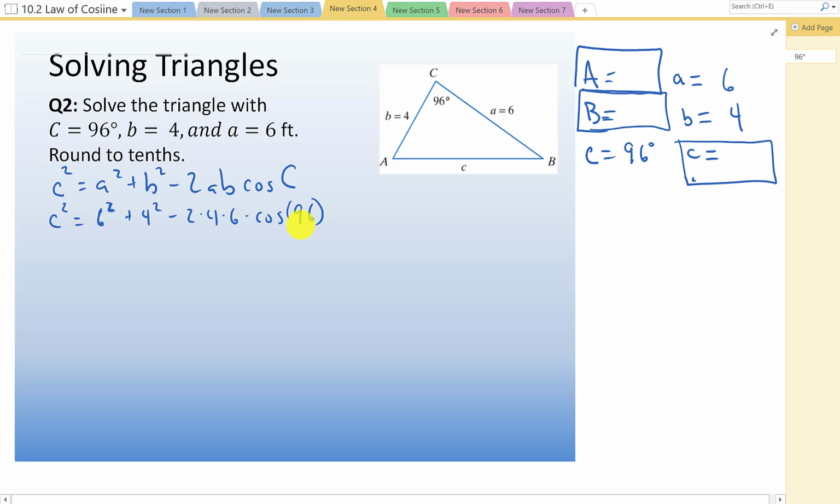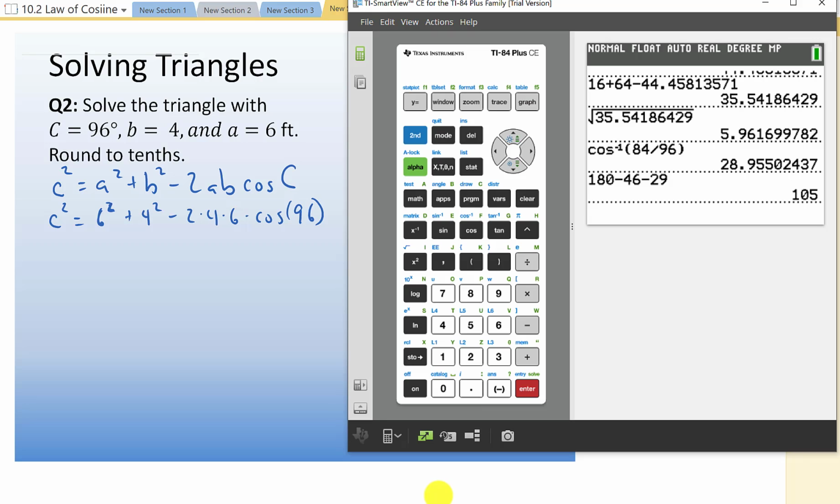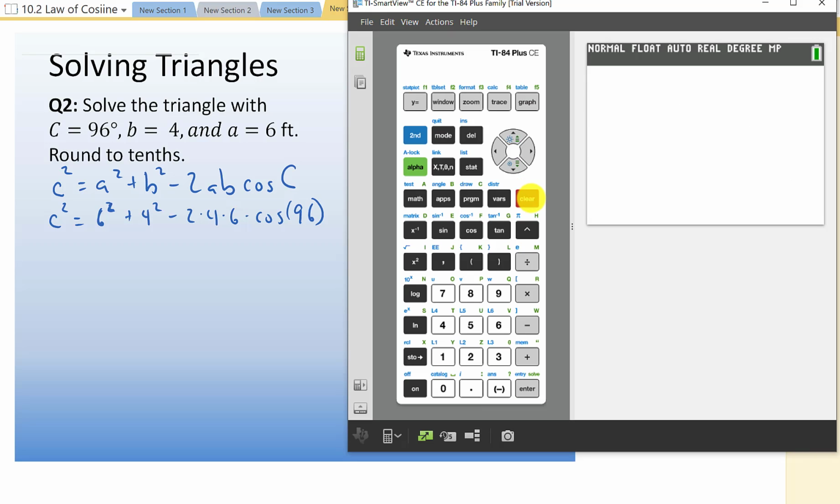Okay, so here's what I mean by the calculator can really solve the whole thing. Now this is a little bit of risk, but I'm going to show you anyway just so you can make your own choice on this. We can plug this entire expression into the calculator and just do the whole thing in one shot: 6 squared plus 4 squared minus 2 times 4 times 6 times cosine of 96.